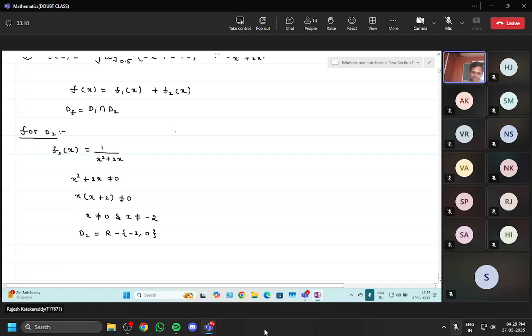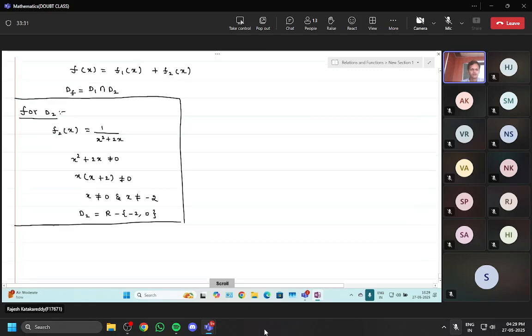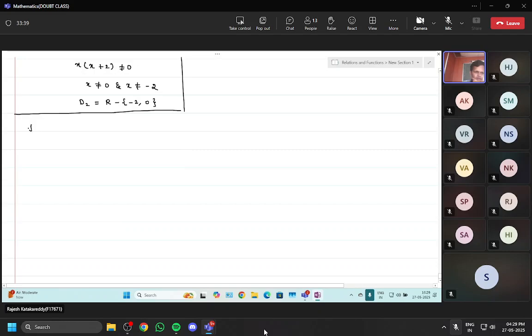Now, D1 is the trickier and more challenging one as well, right? So now let us solve for D1. I can see function f1 of x is equal to square root of log base 0.5 of minus x square plus x plus 6, correct?